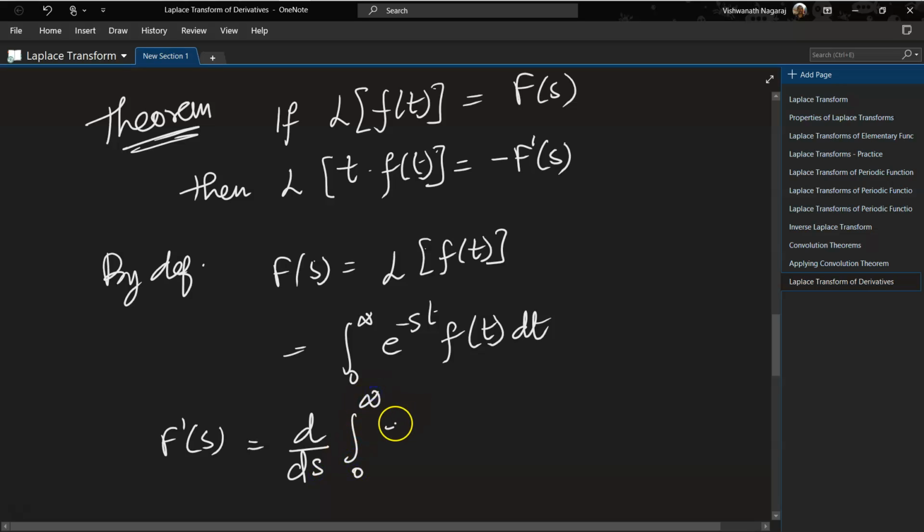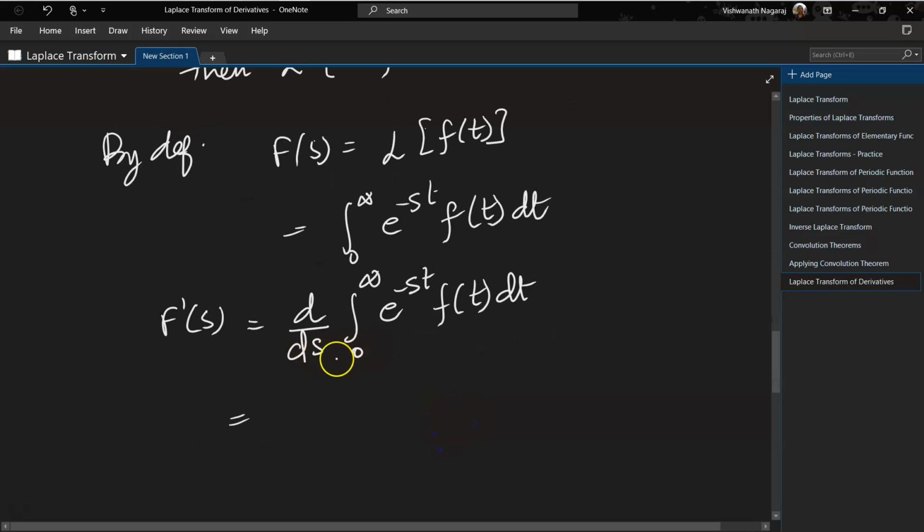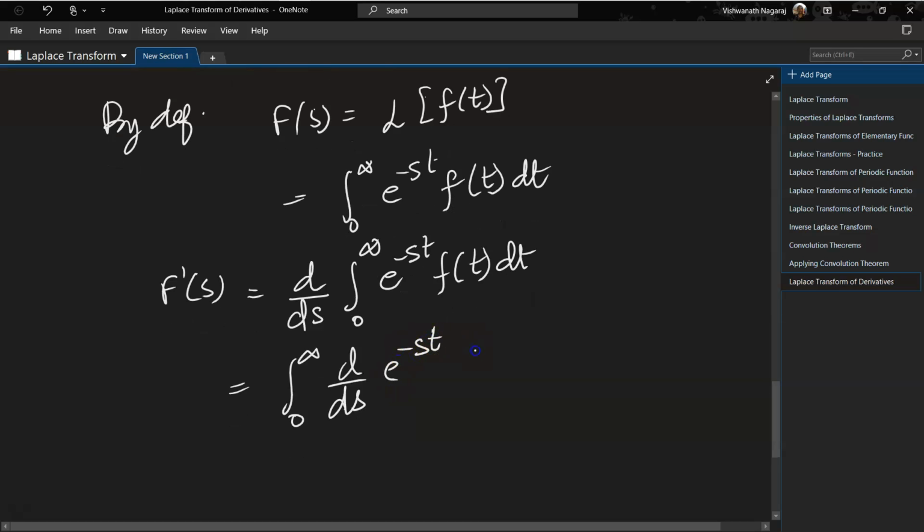Now, the order of differentiating and integrating doesn't matter, so let's take it inside. So 0 to infinity of d by ds of e to the power of minus st f of t.